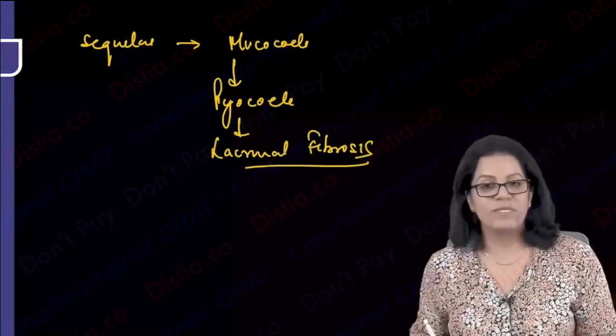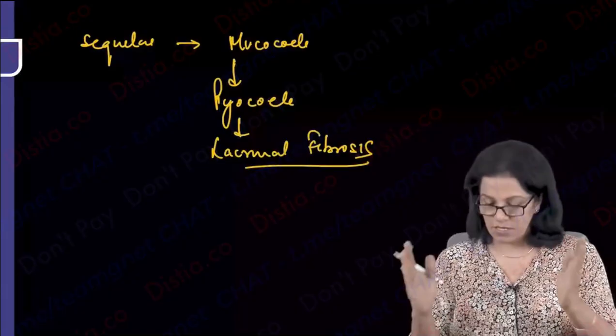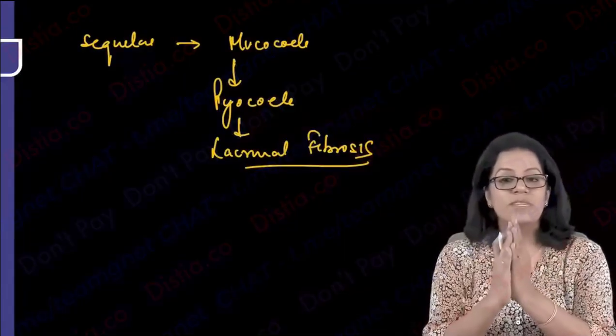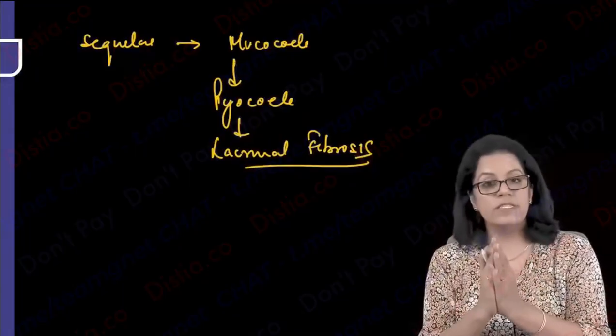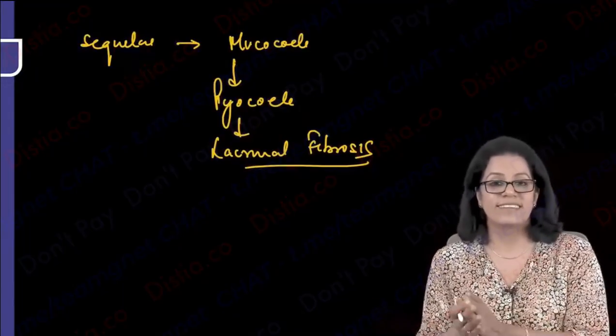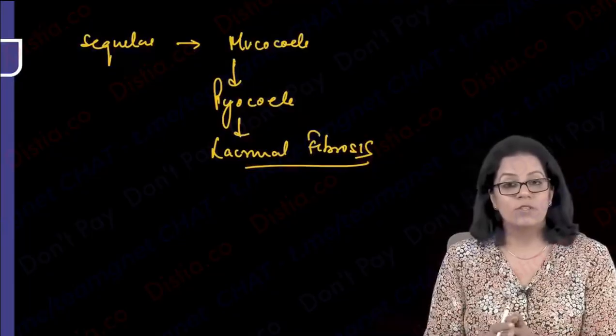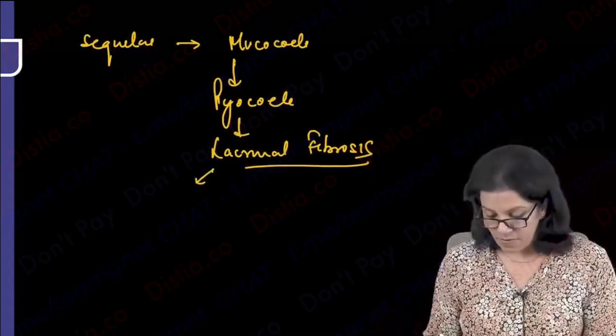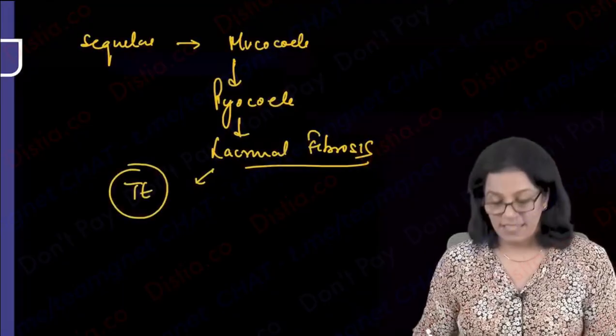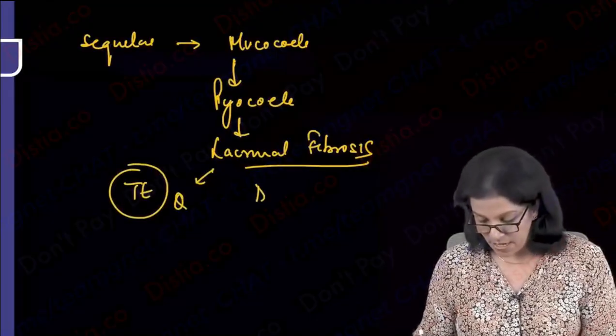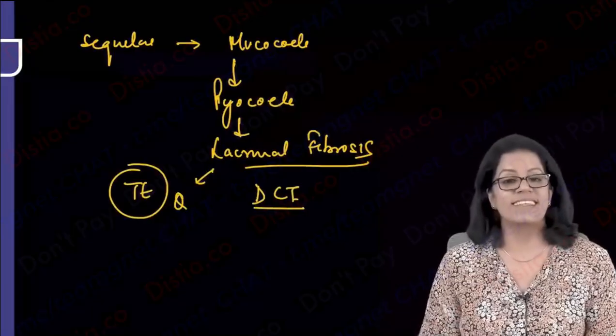In lacrimal fibrosis, the two walls of the lacrimal sac adhere to each other. If the two walls adhere, I cannot do DCR. How will I connect one lumen to another? So what is the treatment of fibrosis? You remove the sac itself.